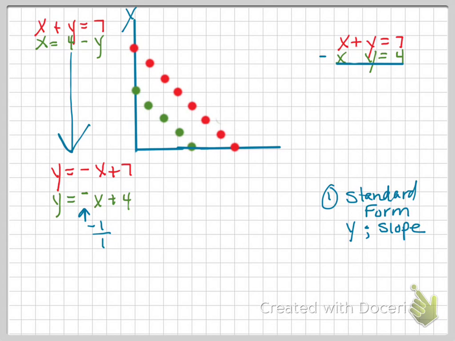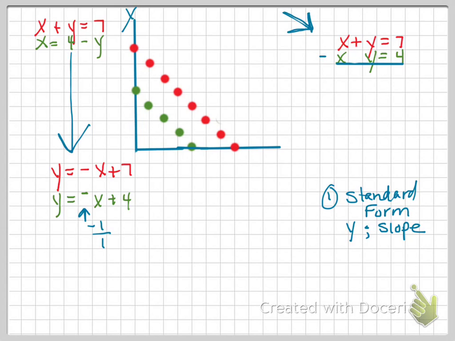And there we have our dots, and we can make our line. And what we notice is that it has no coordinate. They're not going to cross. They're parallel lines.